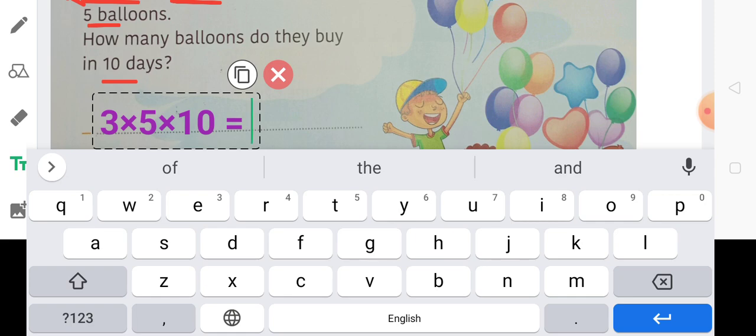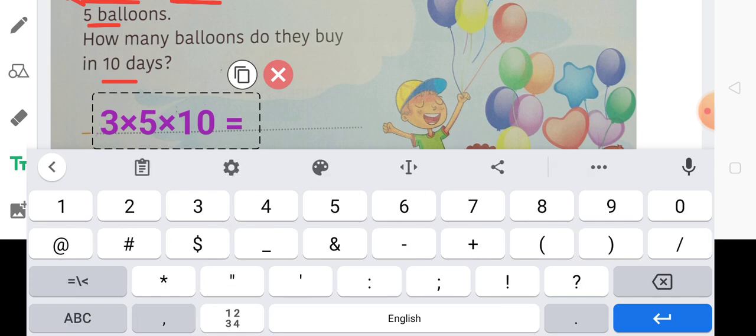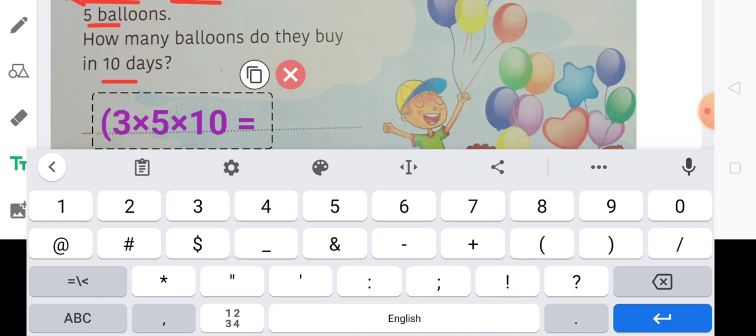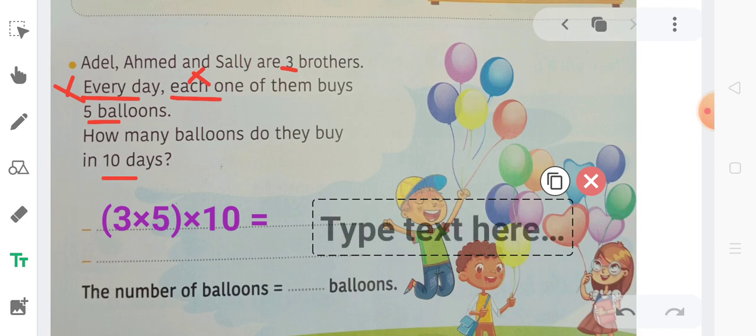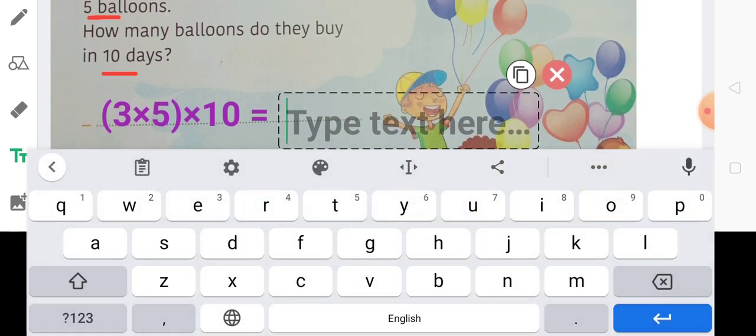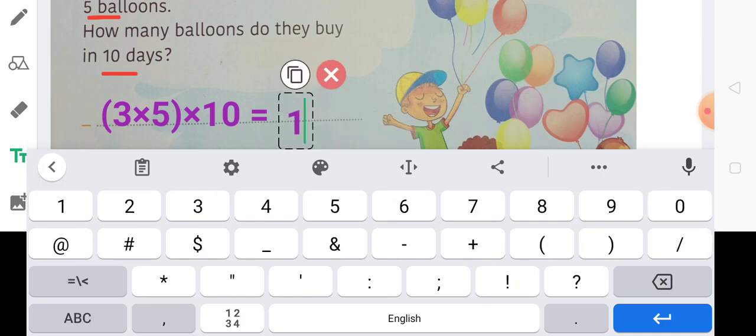Okay. How can we get the product of the 3 factors? I have 3 numbers. We agreed that we use the associative property to get the answer. What does this mean? Don't forget the king, the king parentheses. Let's make the king together. I can make the king. Okay. Yes. Get the inside. What's inside the parentheses? 3 times 5 equals 15.